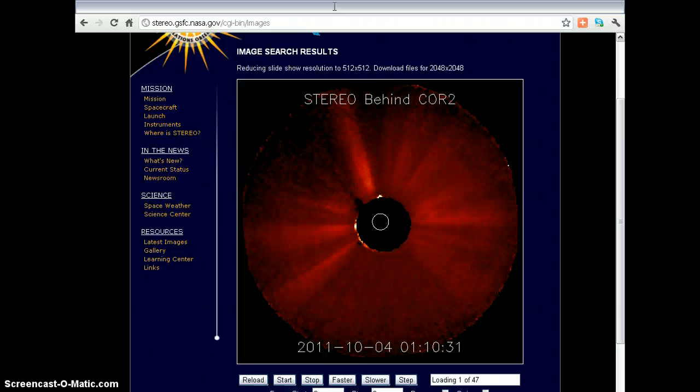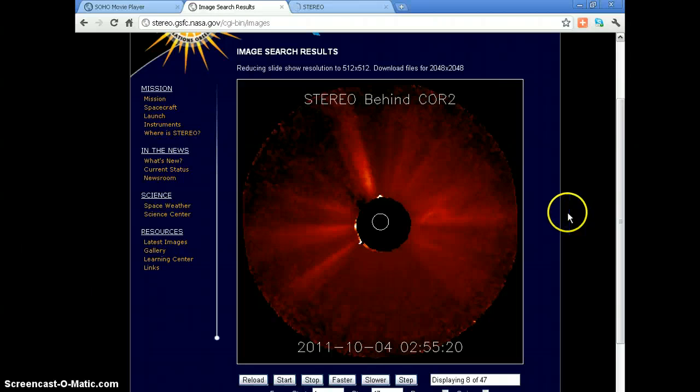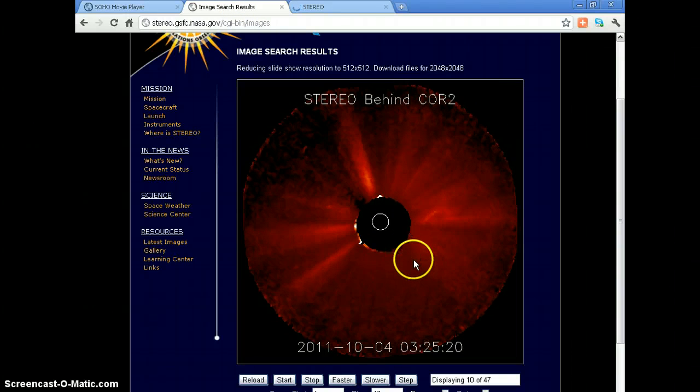Should load up now. And they're about to play now. Great. And what we see is that these are starting to pop here, and the images will play now.